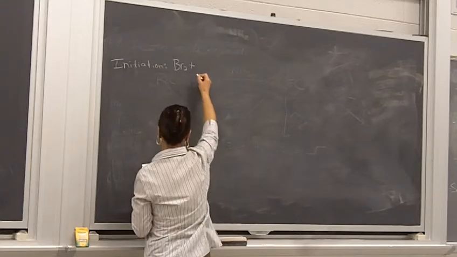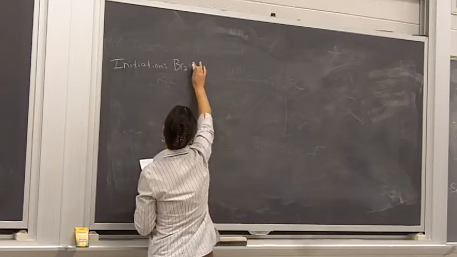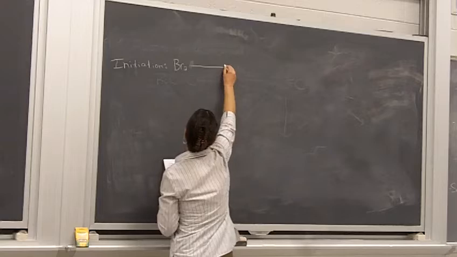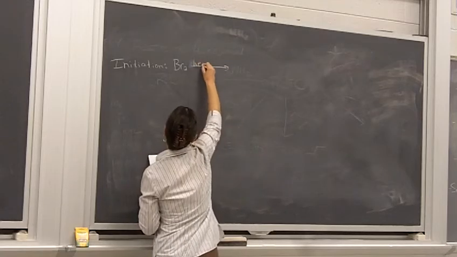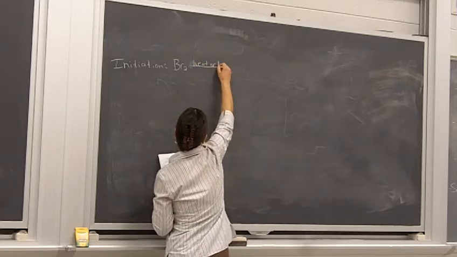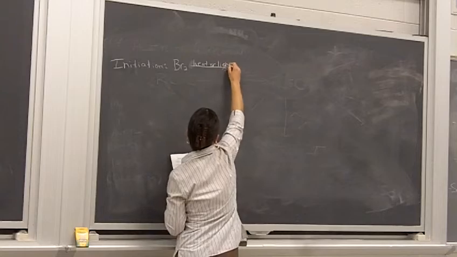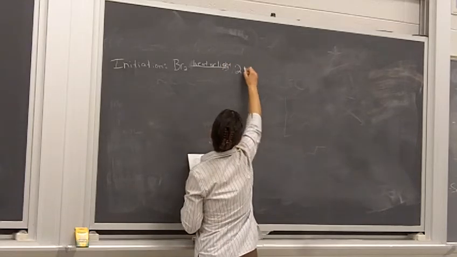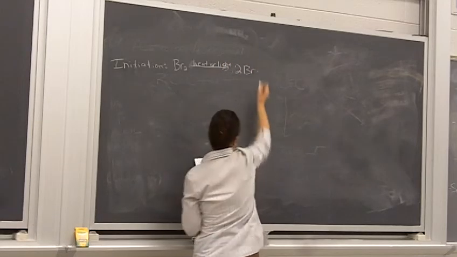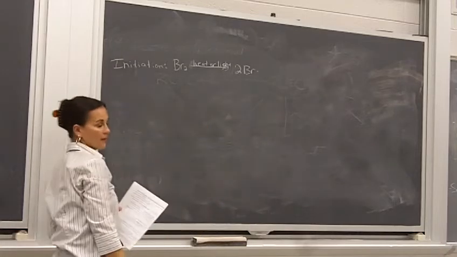So we'll get to how that happens here in a second. Then reacts with any heat or light, which we will have both, because we're not going to turn off the lights while this is happening, okay? And we get bromine radicals out of it, okay? So that's our initiation step.